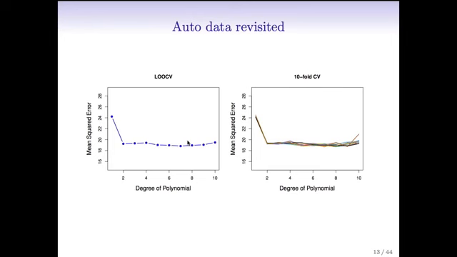Tenfold cross-validation is also showing the minimum around 2, but what we're seeing here is that as we take different partitions of the data into 10 parts, there's not much variability. They're pretty consistent, in contrast to when we divide into 2 parts, where we got much more variability.